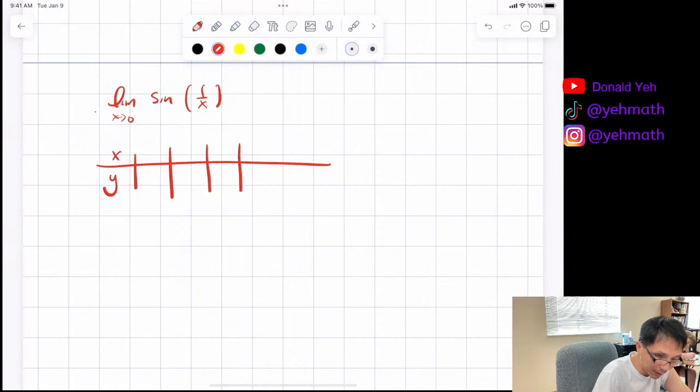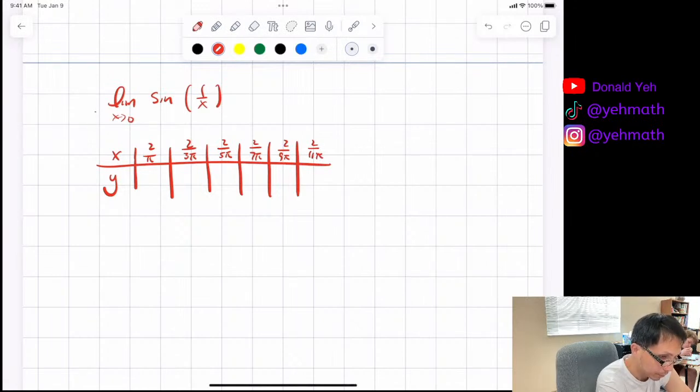So I'm going to plug in specific values here: 2 over pi, 2 over 3 pi, 2 over 5 pi, 2 over 7 pi, 2 over 9 pi, and 2 over 11 pi. Why these numbers? There's a special arrangement of these numbers.